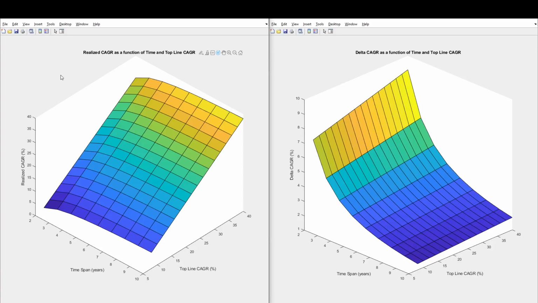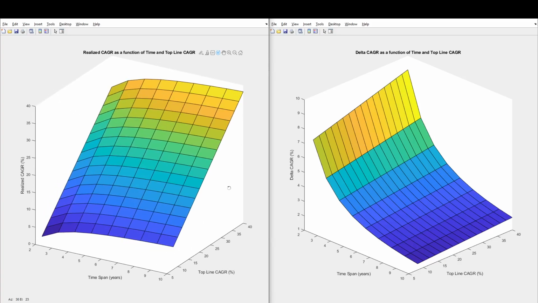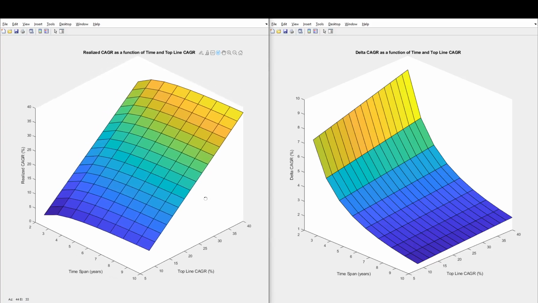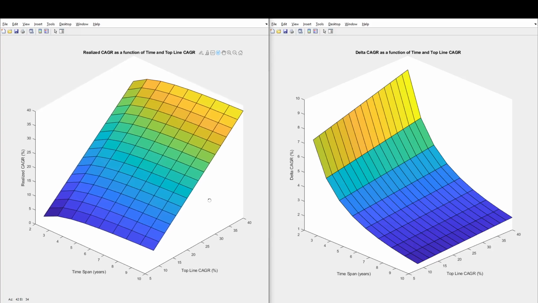From that 5 years that I owned it, what was my realized compound annual growth rate? So essentially, it is the top line CAGR with the reduction of the market fee. And so this curve you're seeing is basically what is happening to your realized compound annual growth rate as a result of that 12% reduction.